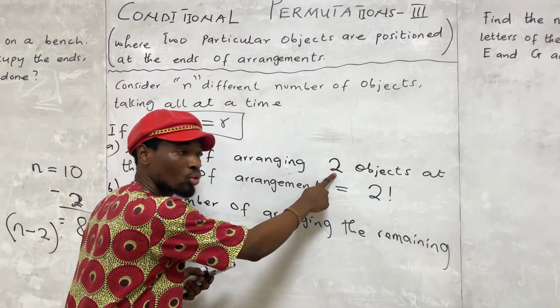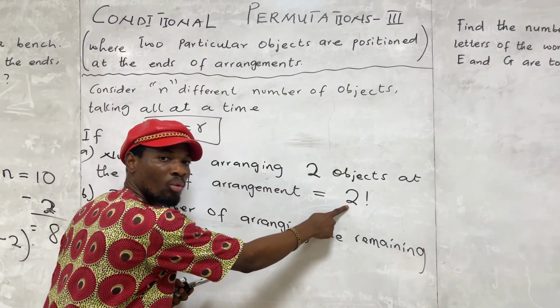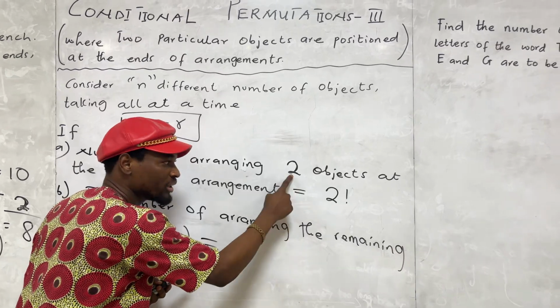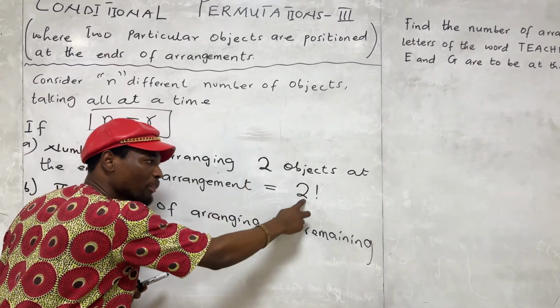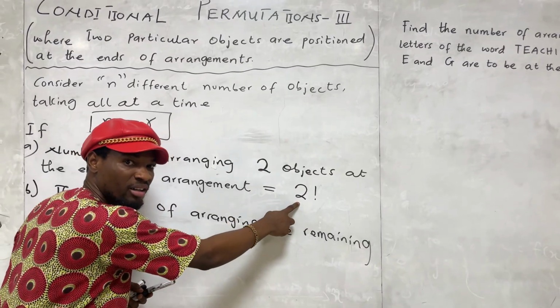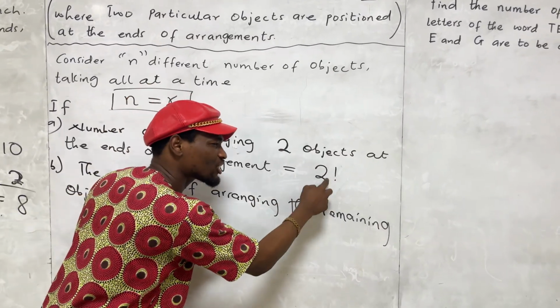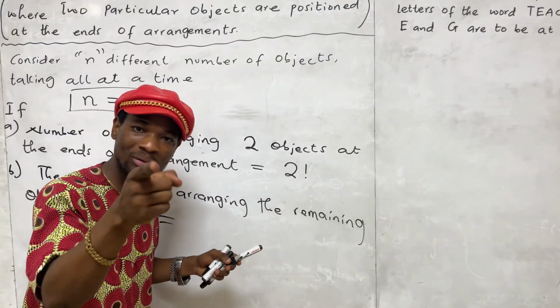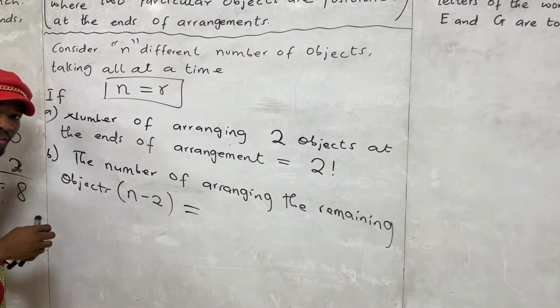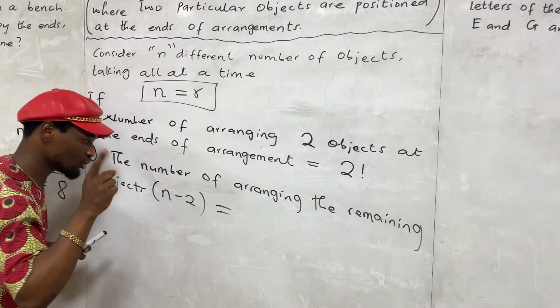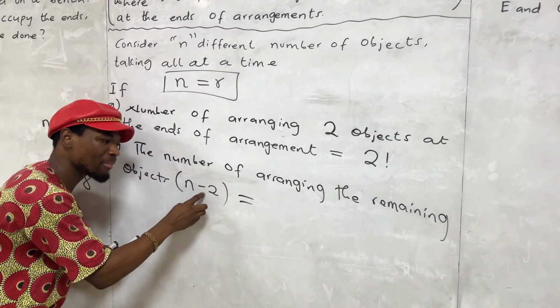Look, viewers, we had here 2. When it came here, what happened? We just repeated the same number; it's copy and paste. We just copy and paste the number, but you attach to the number the factorial sign. Do you get it that way? Similarly, here what do we have? We have n minus 2.